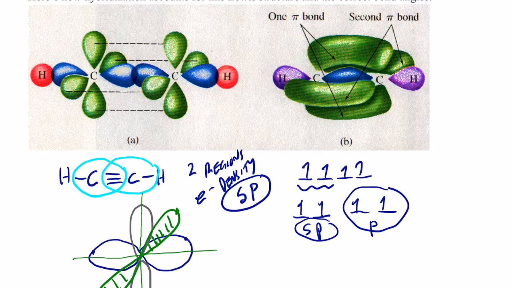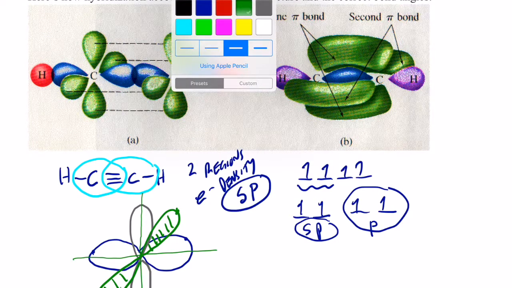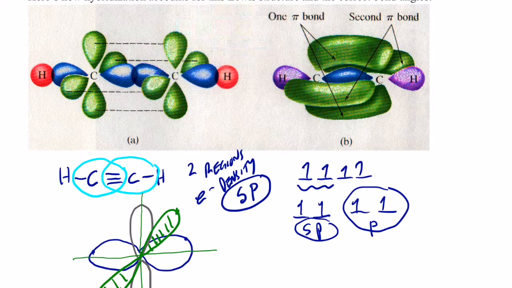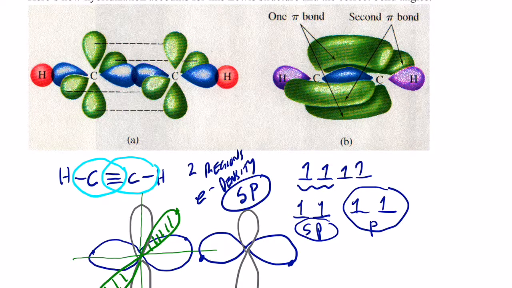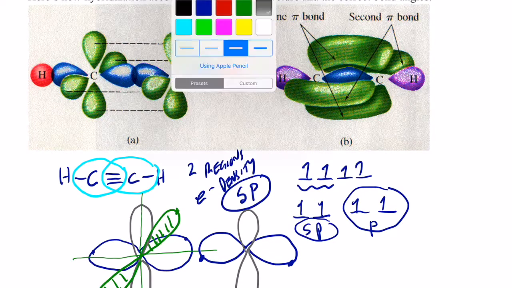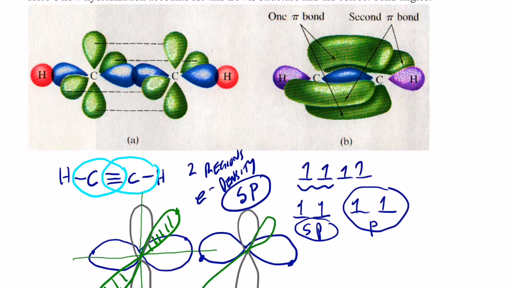Well, there are 2 carbon atoms that do this, right? C2H2. So if the other carbon atom does it, it has an sp hybrid and another sp hybrid with 1 electron in each, right? And then it has a non-hybridized p that's on that axis, and then it has another non-hybridized p coming in and out of the paper. Right, each of these has 1 electron. If they get close enough to each other, can't we have a head-to-head overlap right here and have a sigma bond?